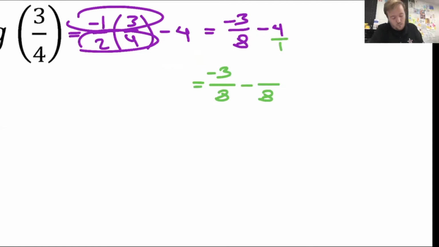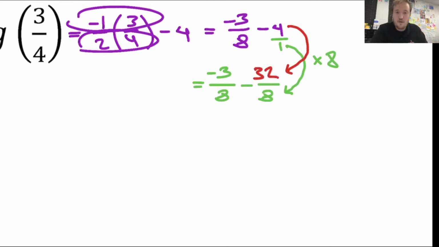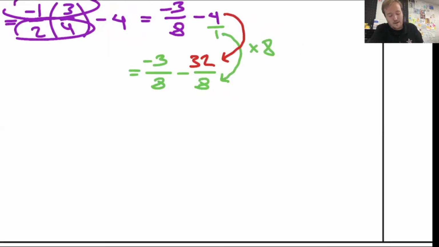To go from 1 to 8, you multiply by 8. So I'm going to do the same thing to the 4 to get the new numerator value. So 4 times 8 gives you 32. So that's our new numerator. Now I can combine those into 1. So I'm going to do -3 minus 32, which gives you -35 over 8.